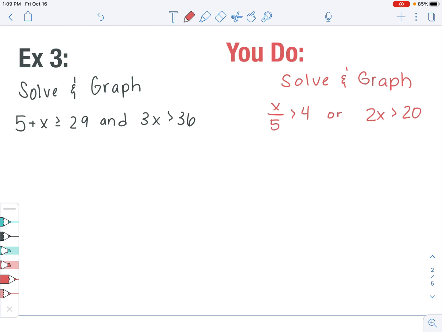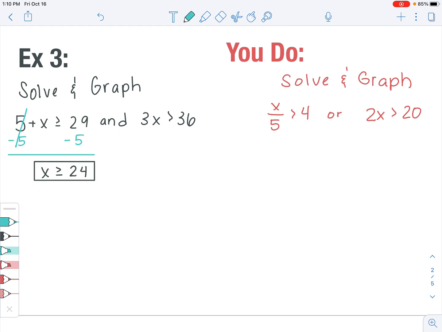The first thing I'm going to do is look at 5 plus x is greater than or equal to 29, and I'm going to subtract 5 from both sides. And when I do that, I get x is greater than or equal to 24. My x is all by itself. It's on the left side, so I'm good.